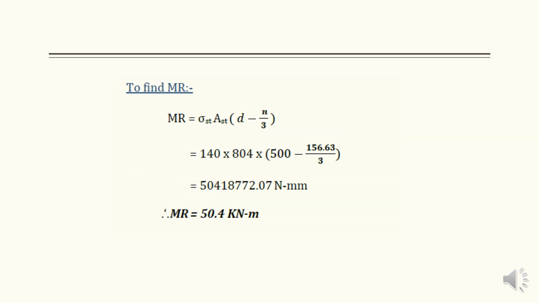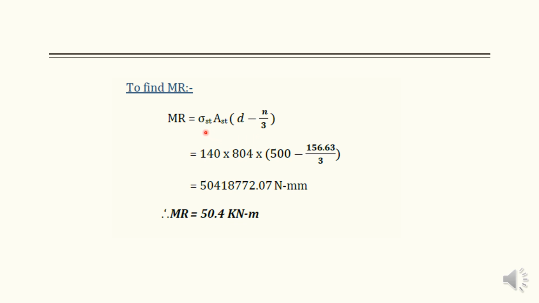Next we determine the moment of resistance. Since this is an under reinforced section, the moment of resistance is equal to sigma st into Ast into (d minus n by 3).